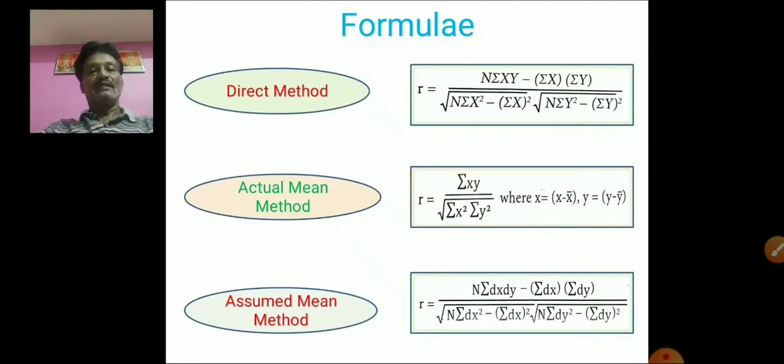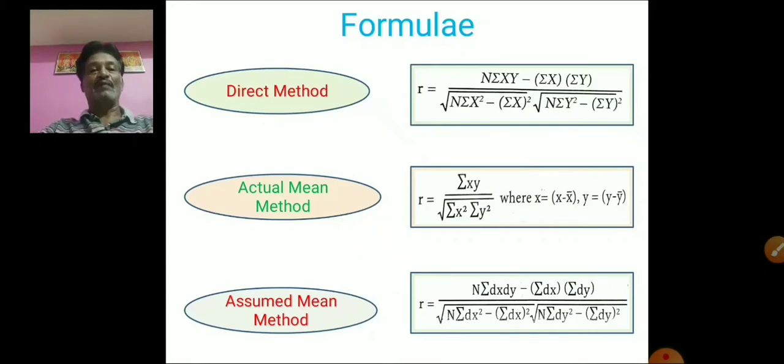Then the third method, assumed mean method. We are estimating the average value of x and y series. If the average of x variables or y variables or both are in fraction, at that time it is very difficult for us to apply the actual mean method. So at that time we can use the assumed mean method.